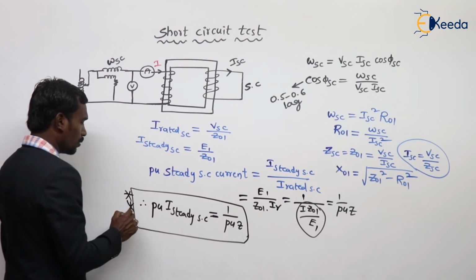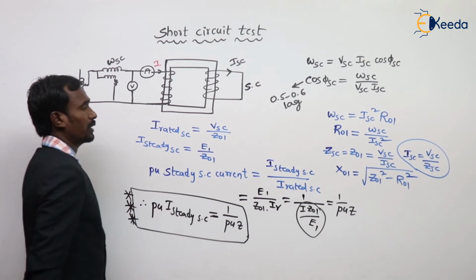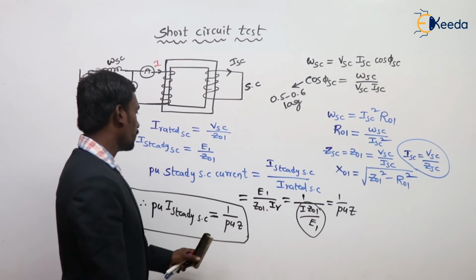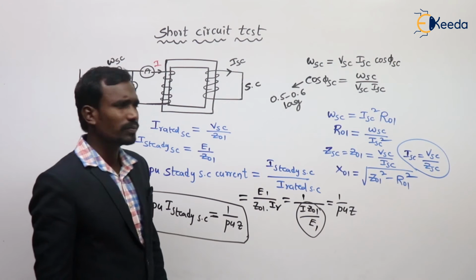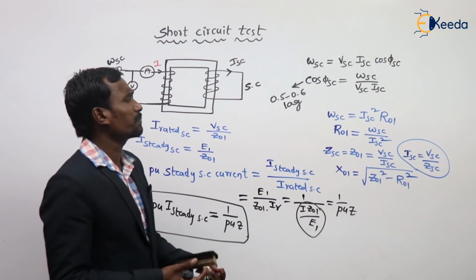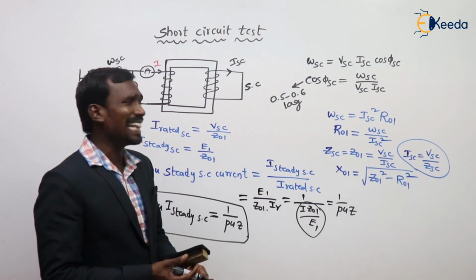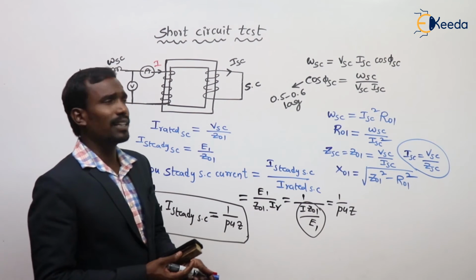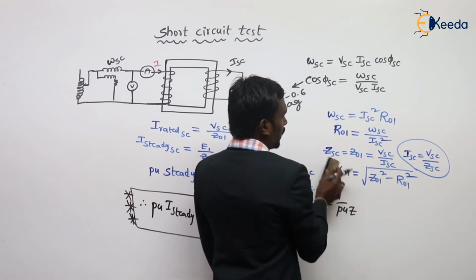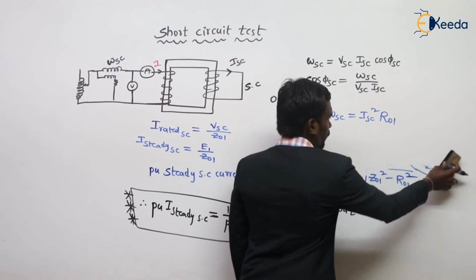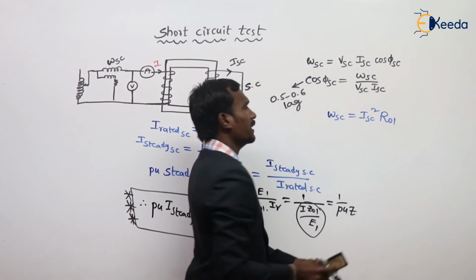This is also a very important thing: 1 by per unit impedance. This is completely about the short circuit test. On this also we have special calculations. See here.